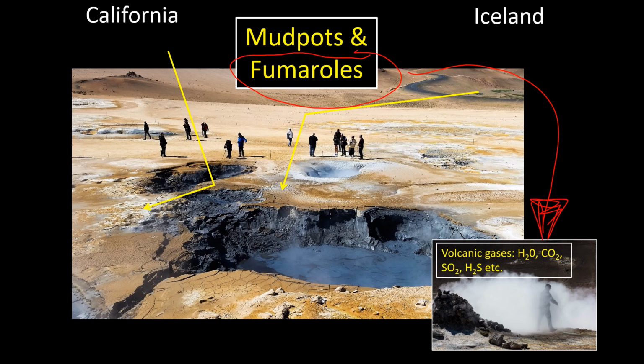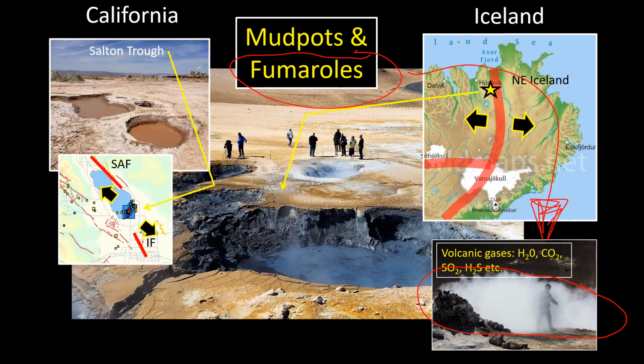And right next to these mud pots, maybe less than 100 meters away, there was a really interesting fumarole, and people were lined up 6 or 8 or 10 deep to have the privilege of walking through this fumarole with its noxious gases, including carbon dioxide and sulfur dioxide and hydrogen sulfide. This whole area smells like rotten eggs from the sulfurous gases that are seeping out of the ground in this location.